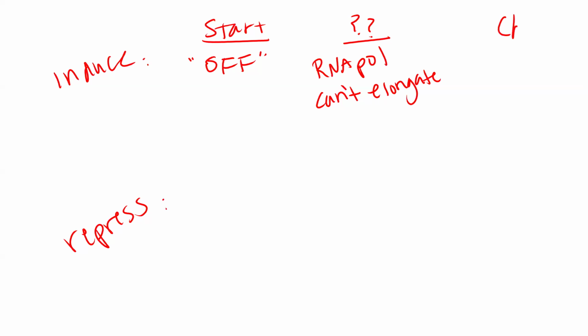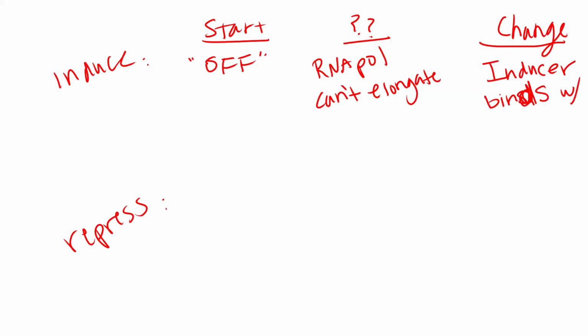We'll say what changes here, because they're going to be different. What changes is that we're going to be triggered, or induced, by something called an inducer. So the inducer will bind with the protein that is blocking.